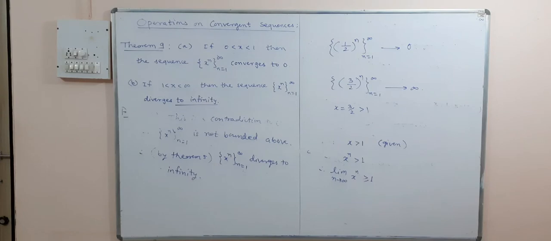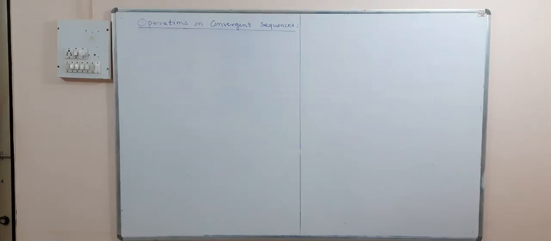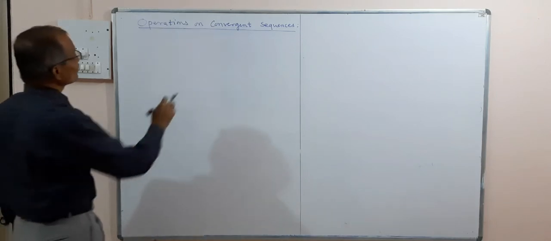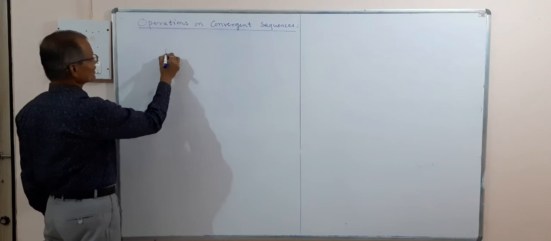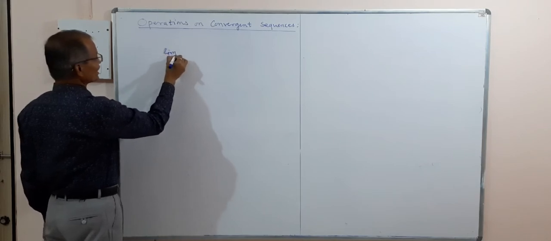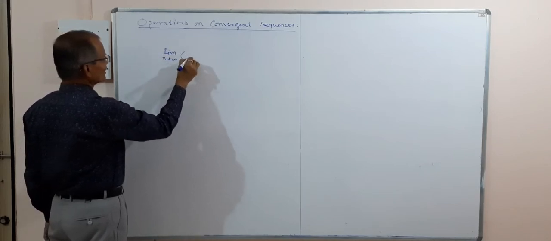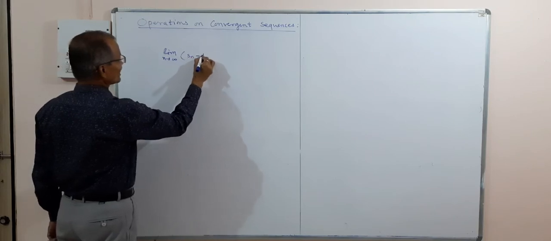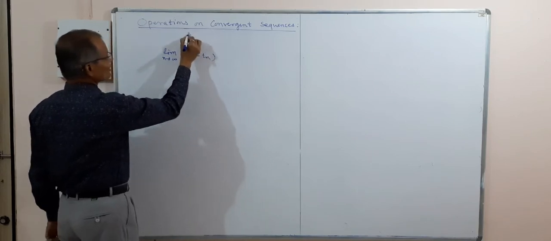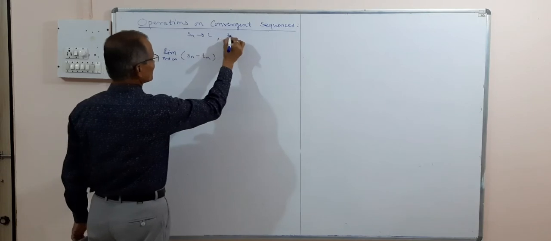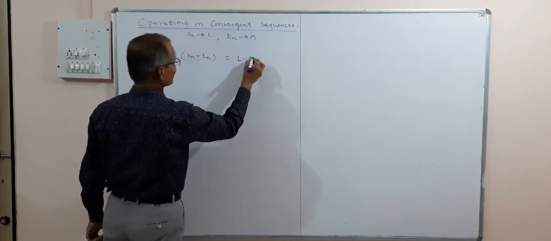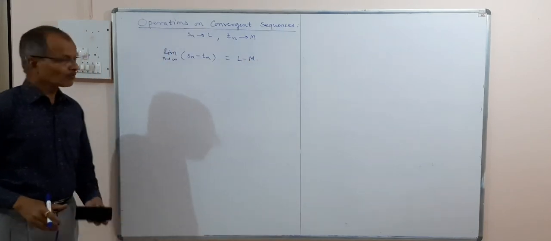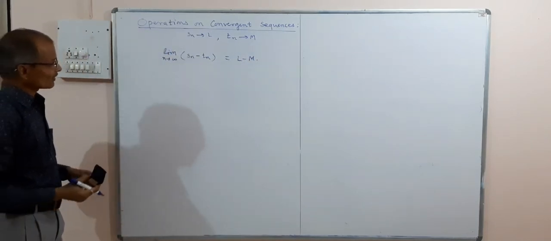Now we shall consider the next result. Now there is a next result for convergent sequences. We have stated earlier also, if the limit of Sn is L, then the limit as n tends to infinity of Sn minus Tn, where Sn converges to L and Tn converges to L, is L minus L. So this is proved using the earlier result.